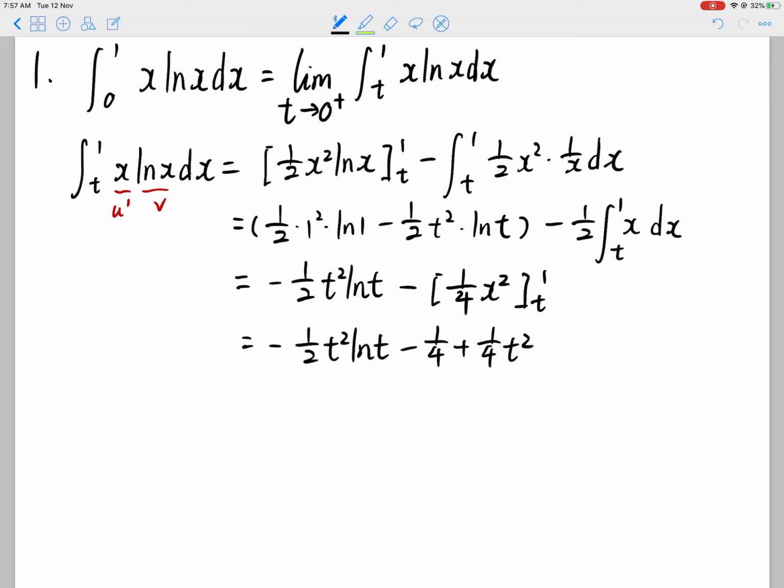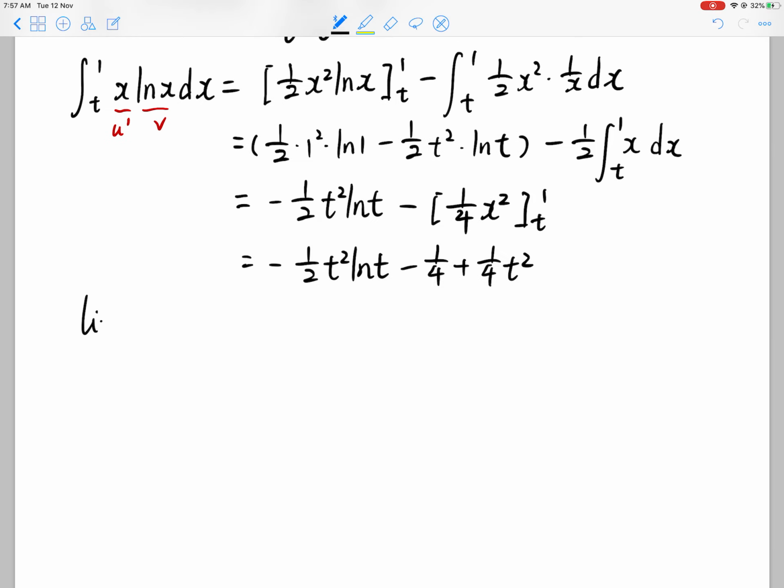Now, the only thing you have to do is to find the limit of this part, limit as t approaches 0 from the right. You can see this part is approaching 0, but ln t is approaching negative infinity.